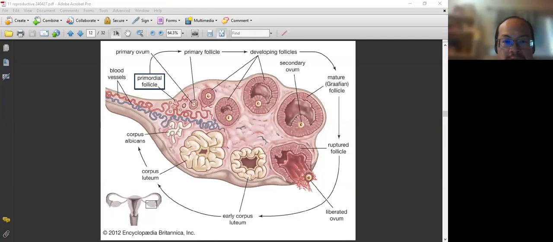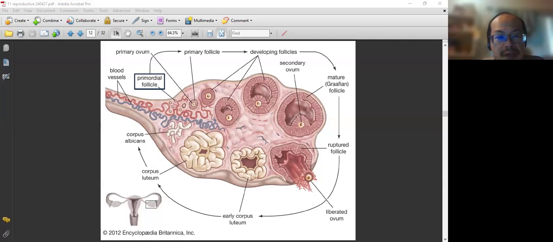So these are called follicles. The follicles can be small, can be big, and the bigger ones are the ones that get ready for ovulation. So this picture shows you the progression of follicle development.